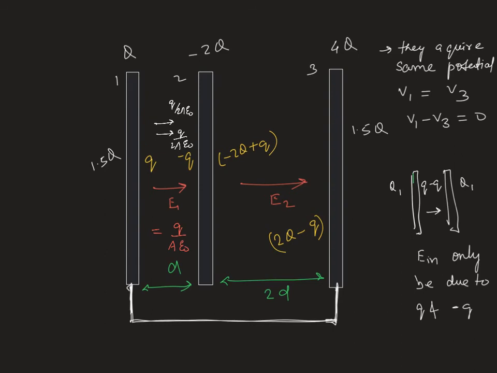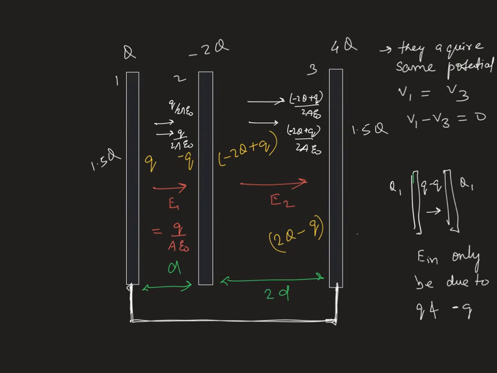Likewise, the field E2 will be due to minus 2q plus q, that is minus 2q plus q upon 2a epsilon naught, and also due to 2q minus q in the same direction, that is 2q minus q upon 2a epsilon naught.